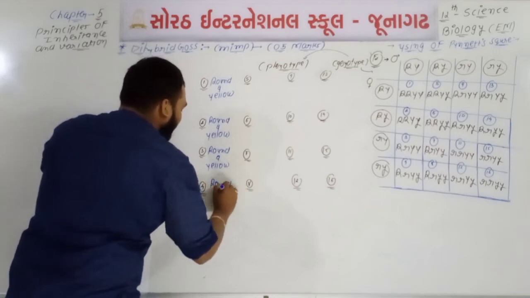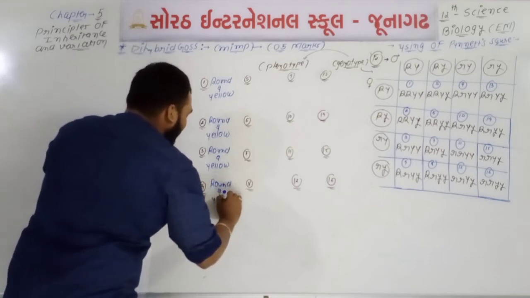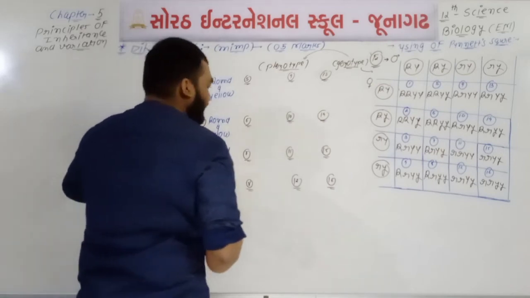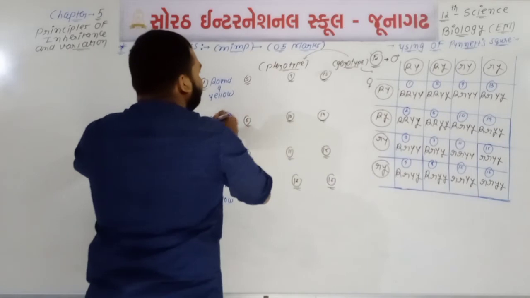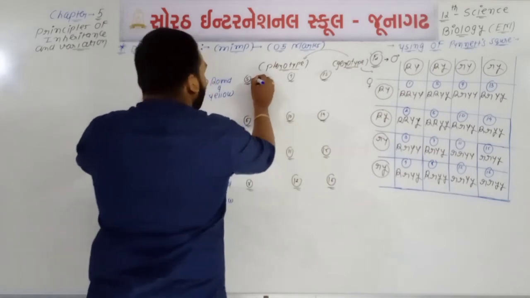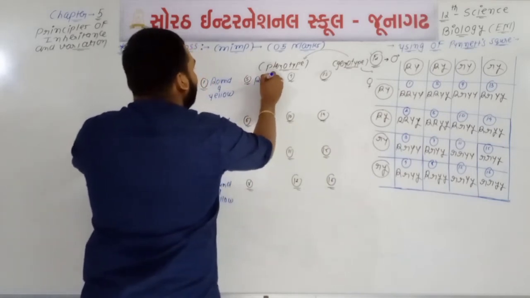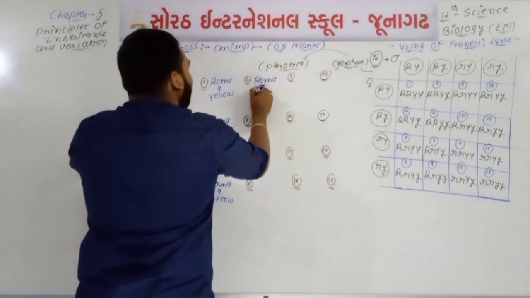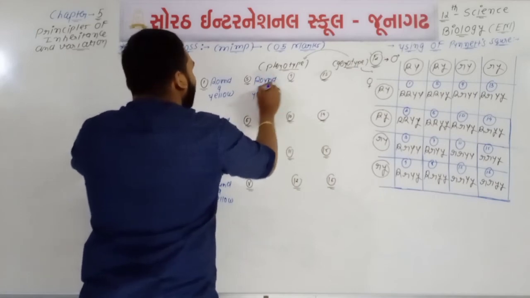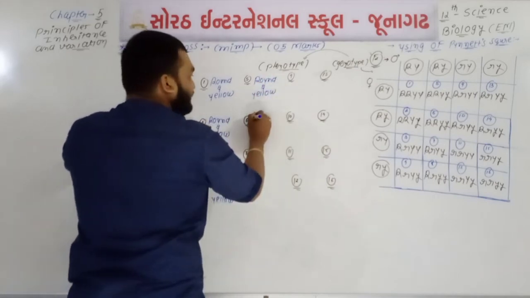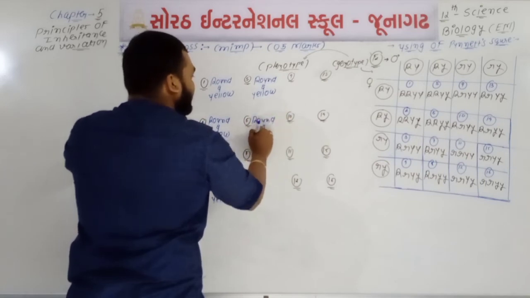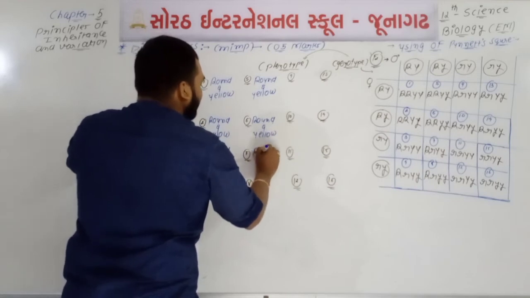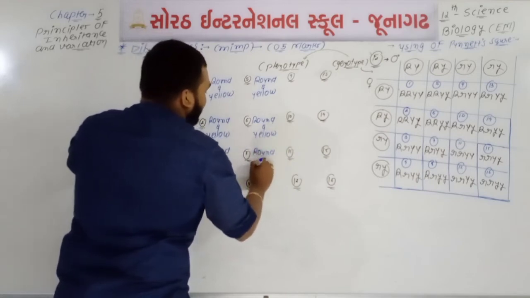Fourth one will be round and yellow. What about the fifth one? Fifth one will also be round and yellow. What about the sixth one? Sixth one will be round and yellow. Seventh one will also be round and yellow.